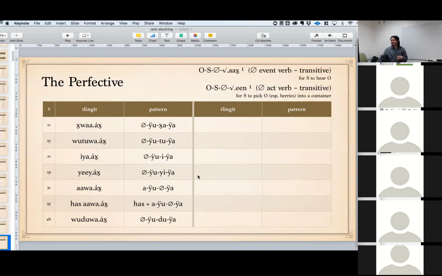So we've got een, which is to pick berries into a container. That verb root is the same for to carry something with contents, which would be sa'in. So you say, achchit sa'in hin.